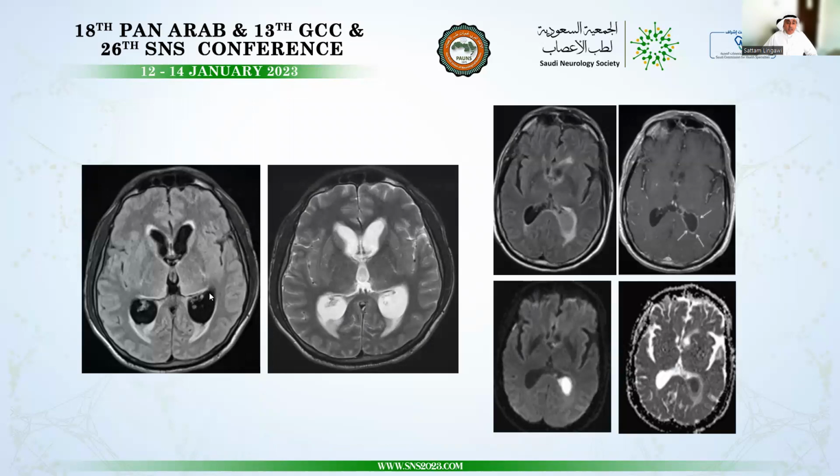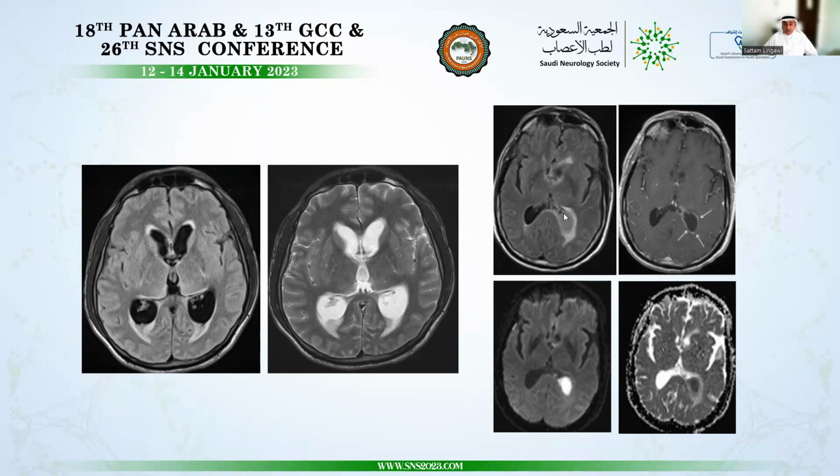Now, as we speak about enhancement and ventricular involvement, here basically you've got hydrocephalus with high signal intensity edging the ependymal lining with a debris-fluid level, or debris-CSF level. With contrast, you can see the enhancement of the ependymal lining.